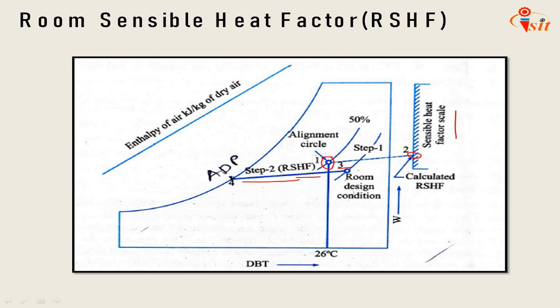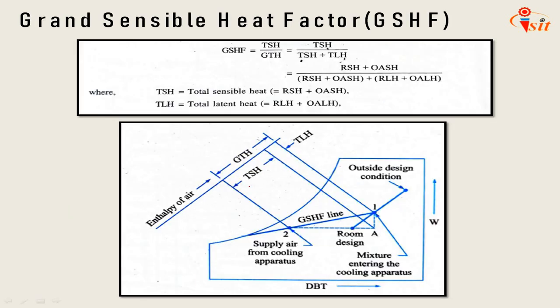This line is 3, 4. Thus the supply conditions of air falling on any point on 3, 4 will offset the sensible and latent heat loads on the room, provided an adequate quantity of such supply air is made available. So that is about the room sensible heat factor RSHF line and how we are going to plot it.